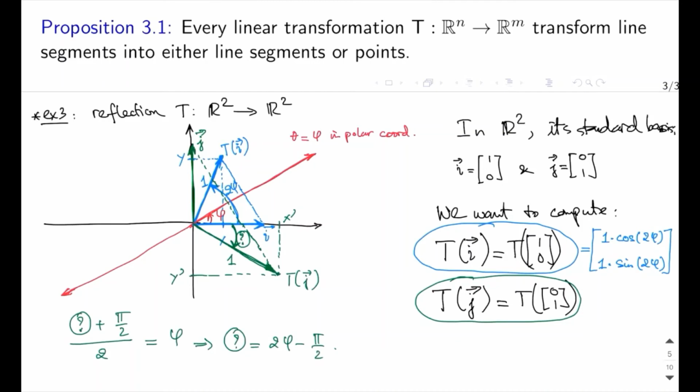You know the angle here, and you know the length of the hypotenuse of the right triangle. In order to find the horizontal coordinate, you multiply by cosine of the angle, which is 2 phi minus pi over 2. And to find the vertical coordinate, you multiply by sine of the angle.